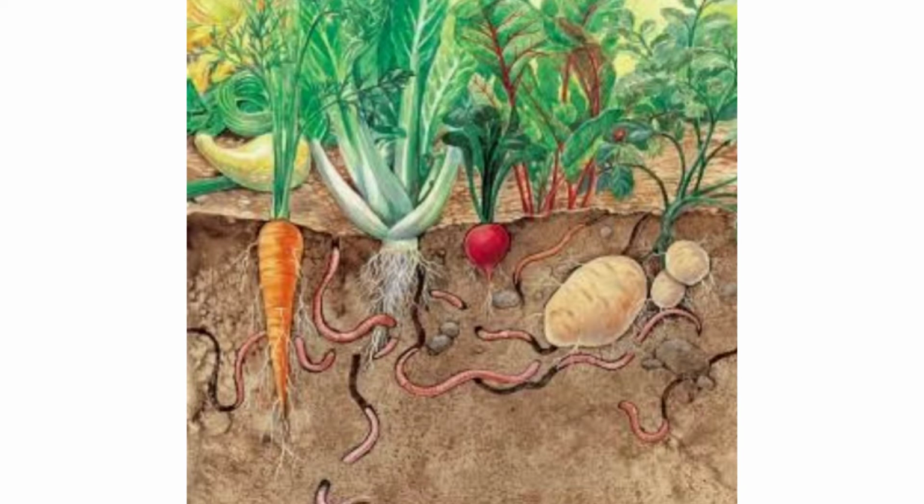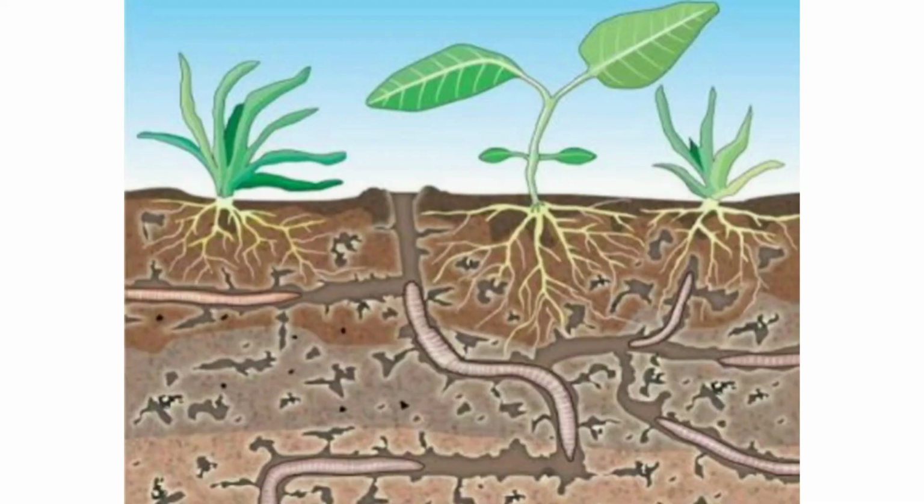They get air from the soil. Earthworm creates air spaces for roots to breathe. Roots also help in incorporating air into the soil by their burrowing action. So, earthworms are called farmer's friend.